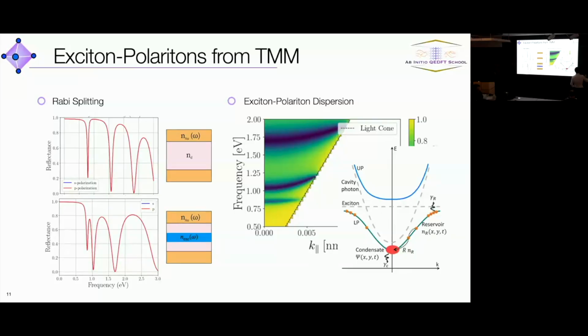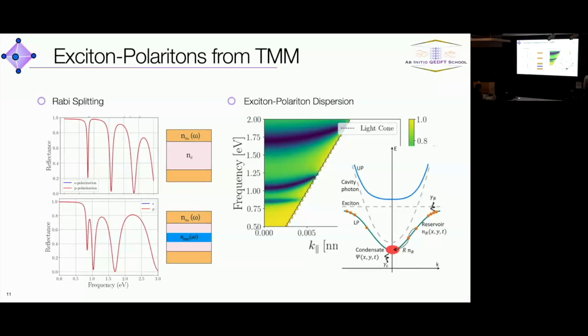So what happens in a Fabry-Perot? And this you can find even by setting perfect boundary conditions, so that the electric field has to be 0 at the interface. You have standing waves, right? So this is the lowest solution.